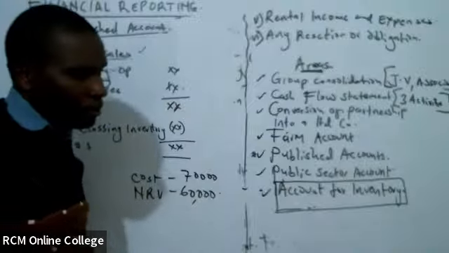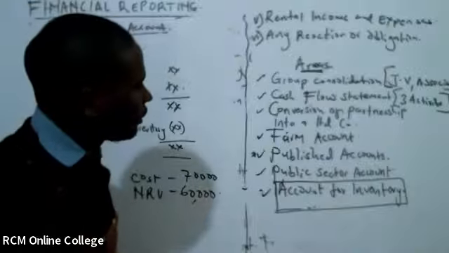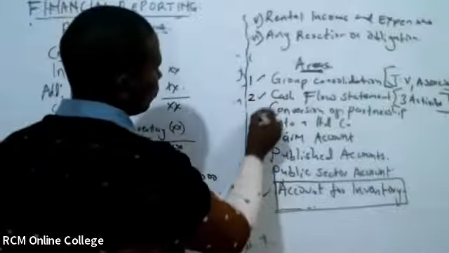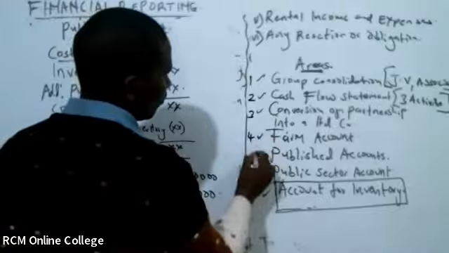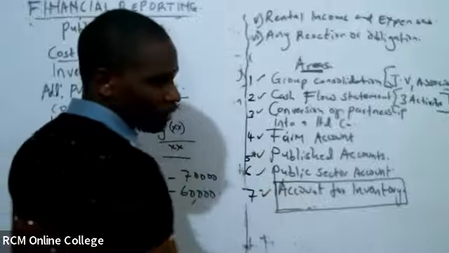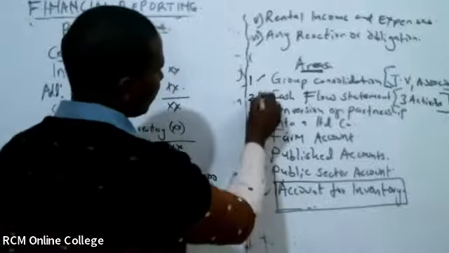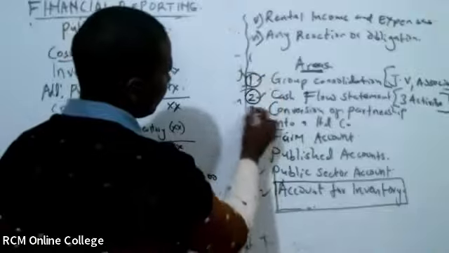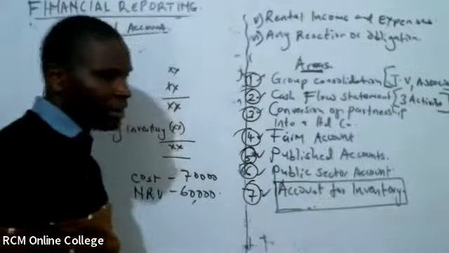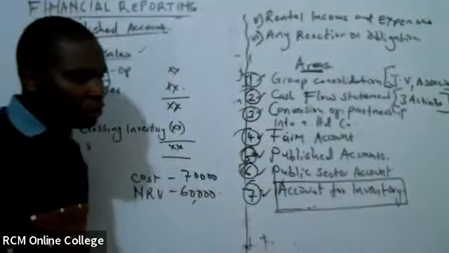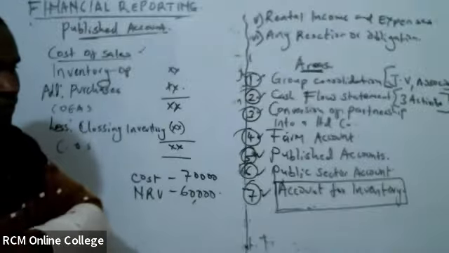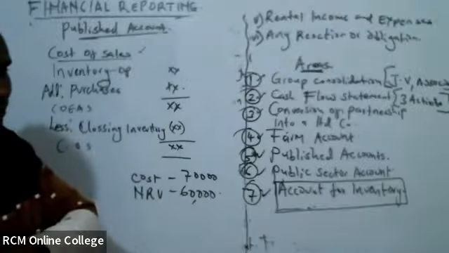It is 1, 2, 3, 4, 5, 6, 7. Some have said we start with published accounts.